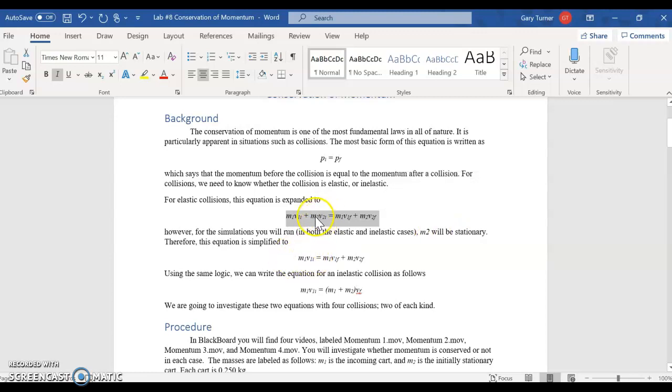If one of the carts, in this case cart 2, is stationary, then I can neglect it from the original term. And if the carts stick together, the velocity is common, so I can factor the velocity out and I get this. This is the equation we want to compare: the initial momentum of the first cart before the collision compared to the momentum of both carts moving together after the collision.